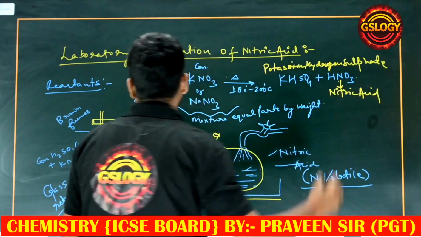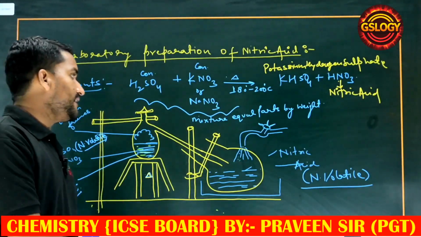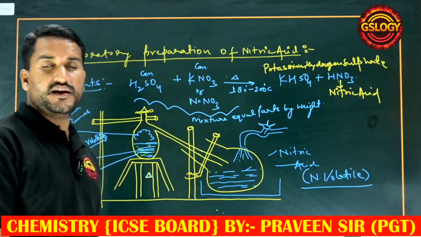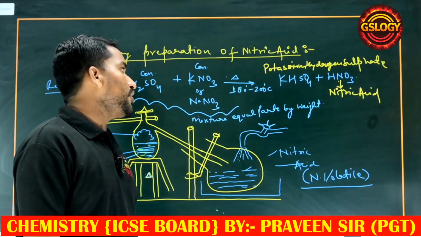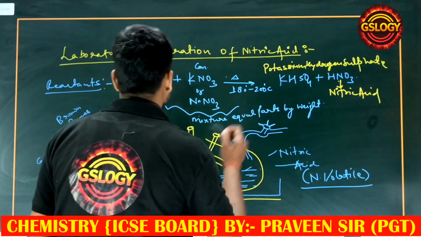When concentrated H2SO4 reacts with the metallic nitrate at 180 to 200 degrees Celsius, it forms sodium or potassium hydrogen sulfate and nitric acid.